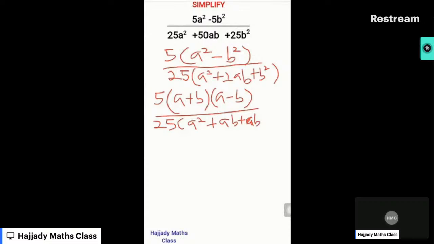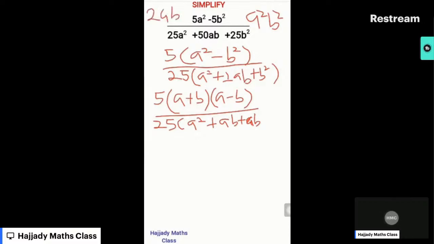That means 2ab can be split into ab and ab. The first thing that will come to your mind is that we have a square plus b square here, which is the same thing as a square b square.